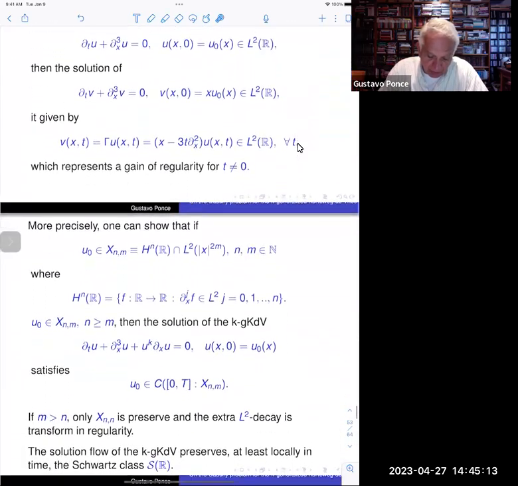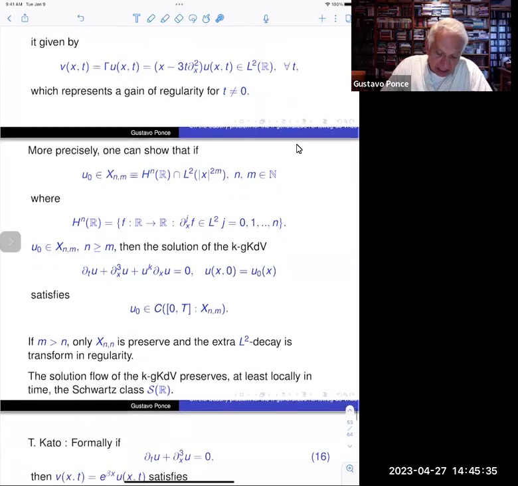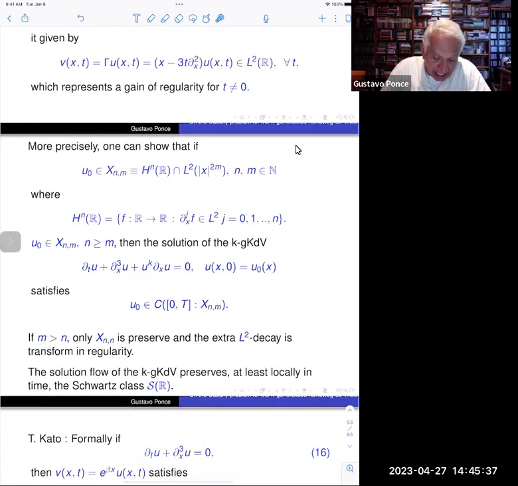Then you can prove the following. If you go in this direction, suppose that you have the space with n derivatives in L2. And suppose that you have the space where you decay like x to the m. And suppose to simplify our life that n and m are integers. Then if n is larger than m, if you start with this data, you stay with this data. You describe a continuous curve in this space when time evolves.